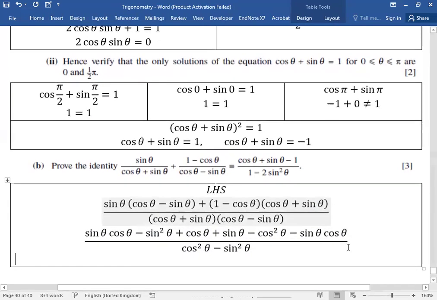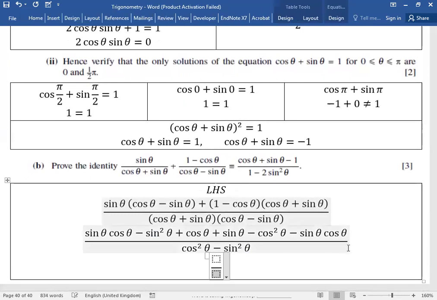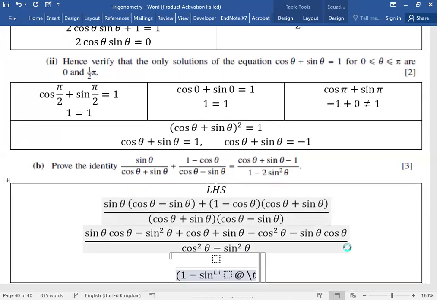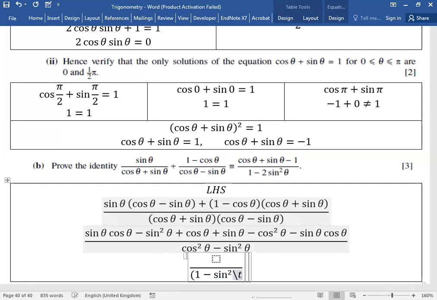Eventually भी यही बनेगा, वो a plus b and a minus b है. So denominator में I need sin, तो cos square theta की जगह I can plug in 1 minus sin square theta, and I already have a minus sin square theta.